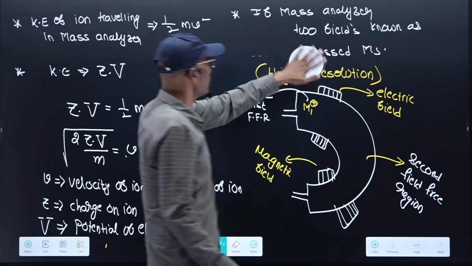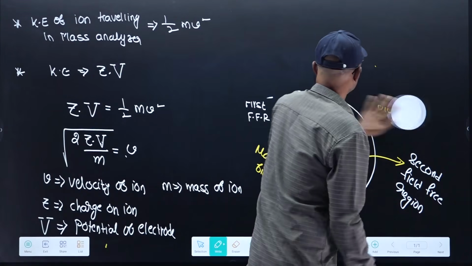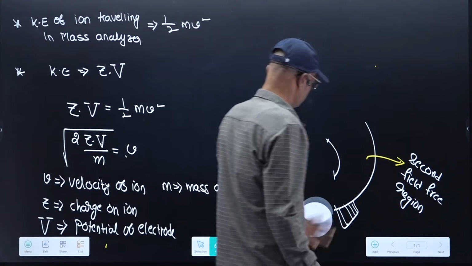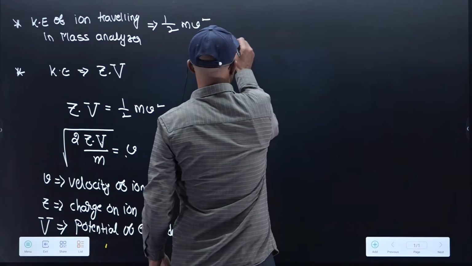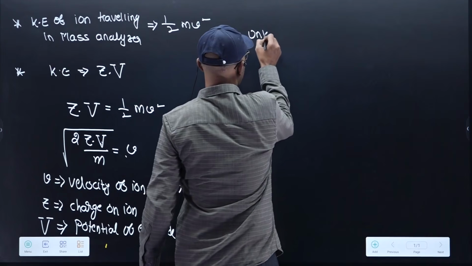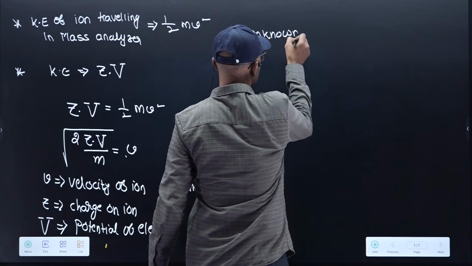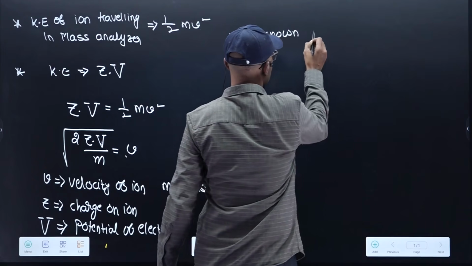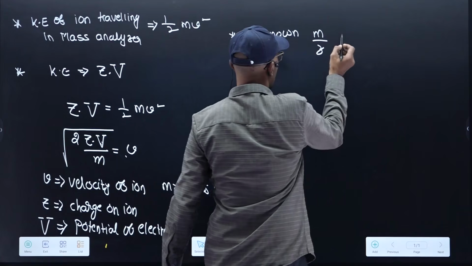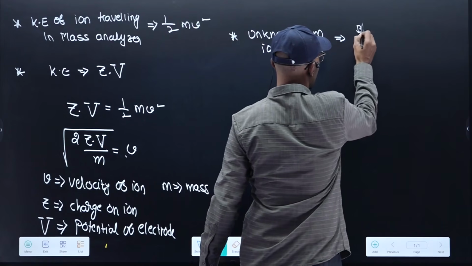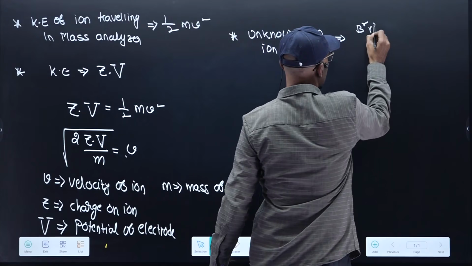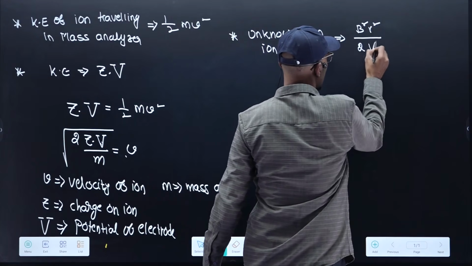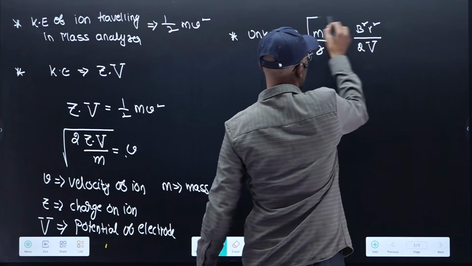And if you want to calculate any unknown ion, so this is a formula for the unknown ion, we don't know the ion, the unknown ion m/z value. Unknown ion m/z value is equal to, we can calculate like this, B square R square by 2V. This is one more formula to calculate m/z.